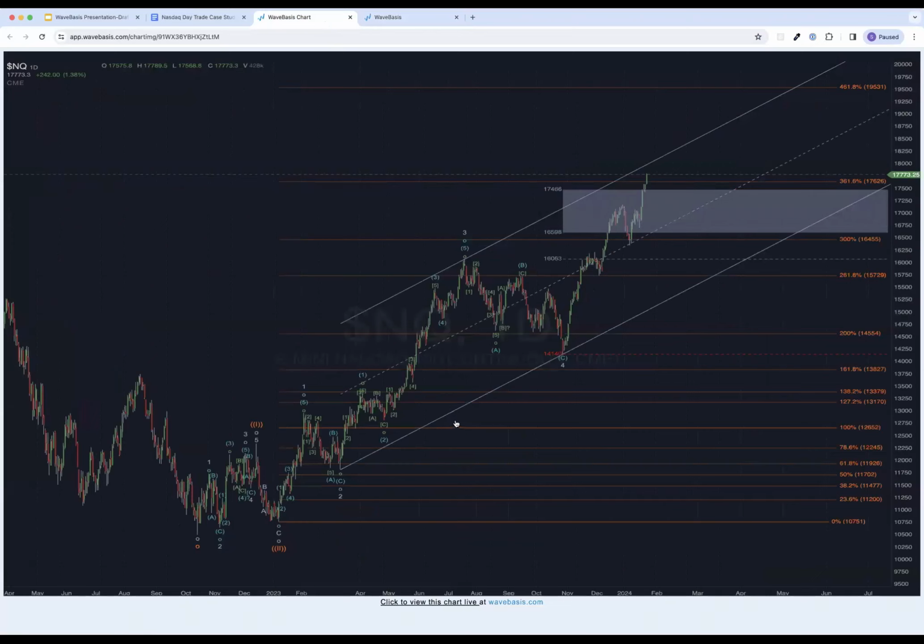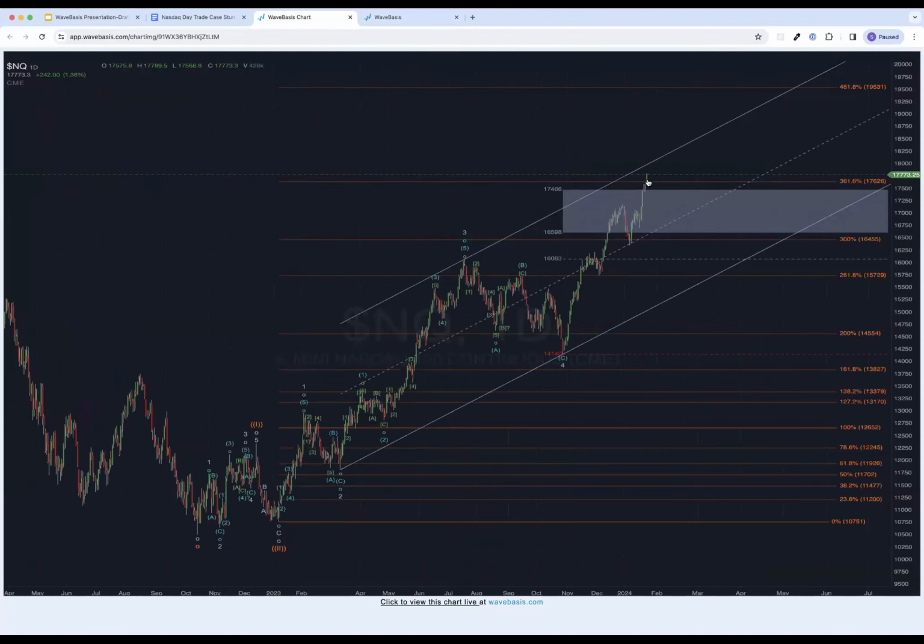So what I could see here just in a few seconds after running this wave count, this is an automatic wave count that I ran back at that time, around January 22nd. This gray box here signifies the highest probability place, if we're counting this as a 1, 2, 3, 4, 5, for wave 5 to end.